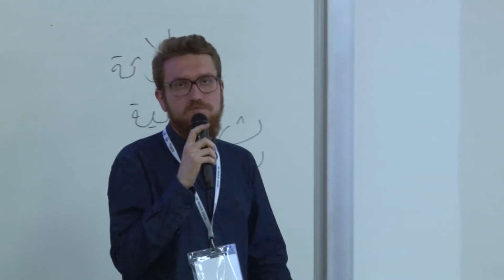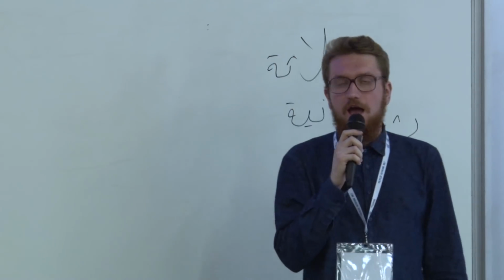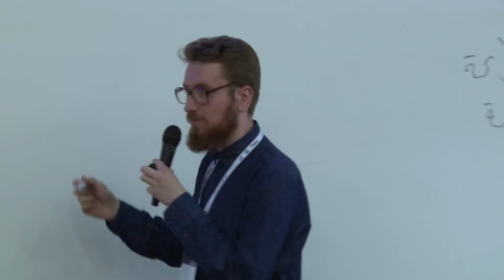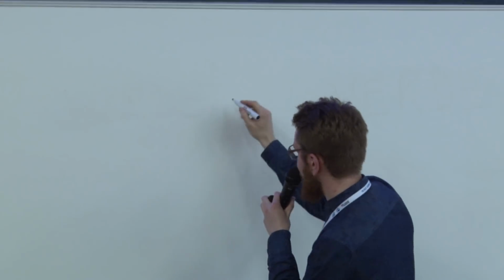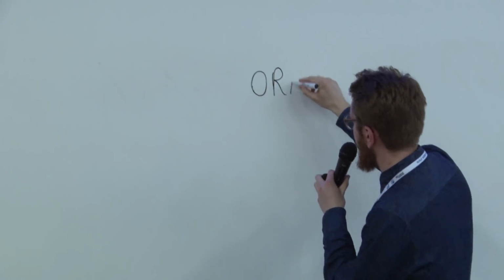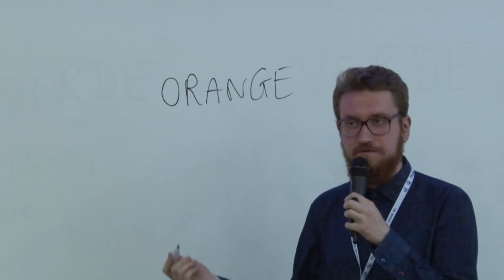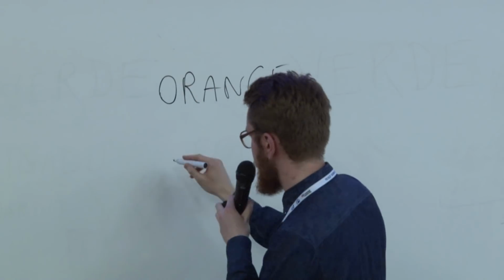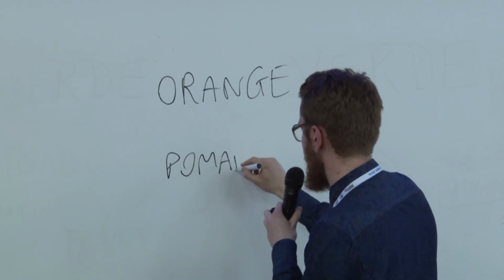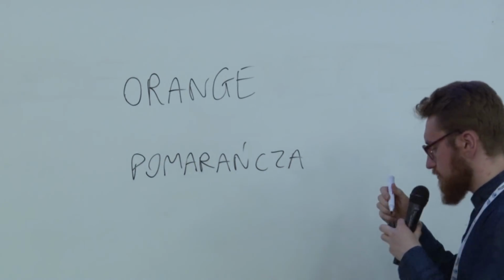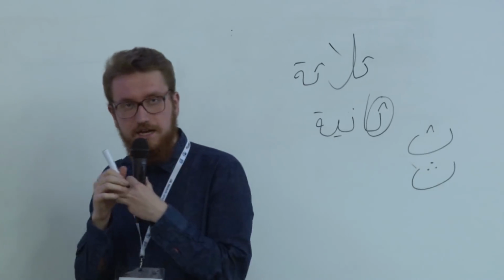to Greek, like in Greek it's portokali, but it's burtuqal in modern standard Arabic. But not every language has the same word. For example, Polish chose the word orange in French, but we added something because we have the word pomarańcza, which can be also seen in some other Slavic languages.